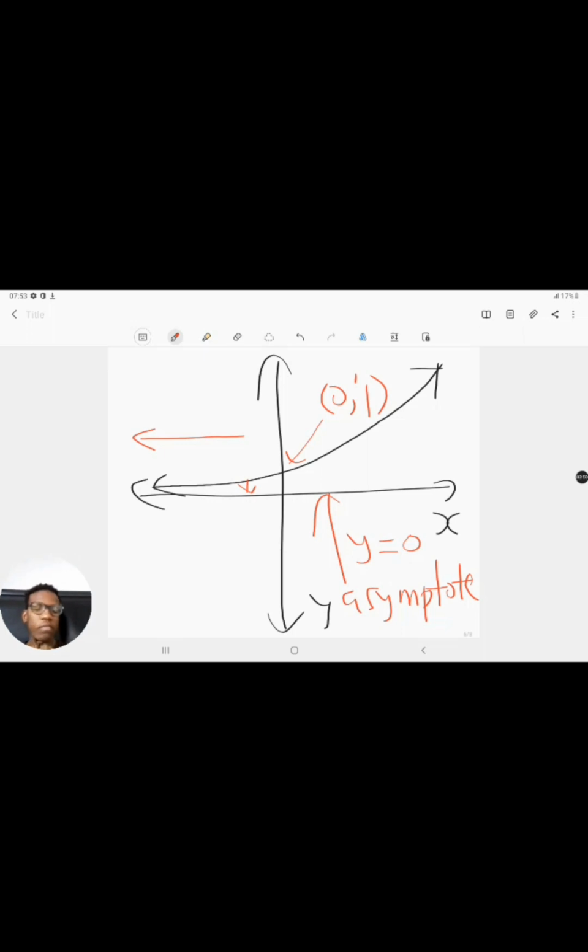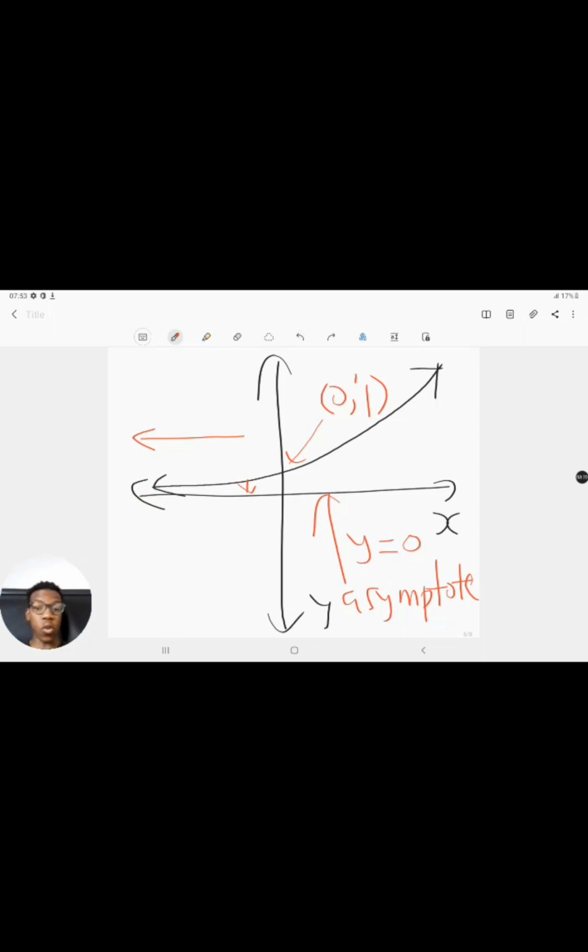If you want to look at it like that, there's an imaginary line sitting directly on top of your x-axis, and that is what your asymptote is. Your asymptote lies directly on top of your x-axis, or your asymptote is your x-axis. It doesn't matter how you want to see that.